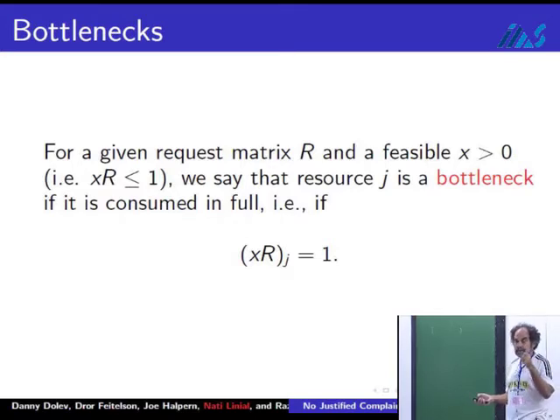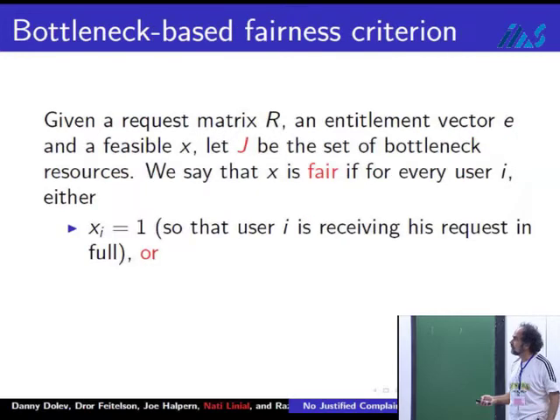Now we've also chosen a positive vector X. And you say that the jth resource is a bottleneck if it's used up. In other words, if the jth coordinate of the vector X times R is 1. That's called the bottleneck. But make sure that you follow this point, that this definition of bottleneck depends on the choice of X.